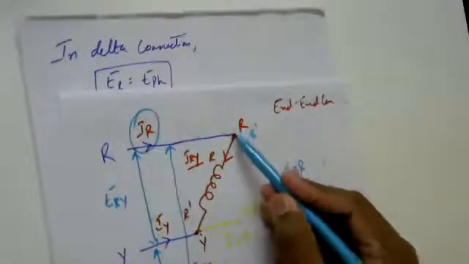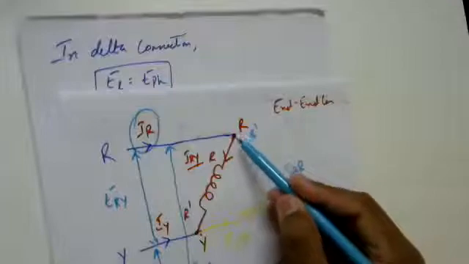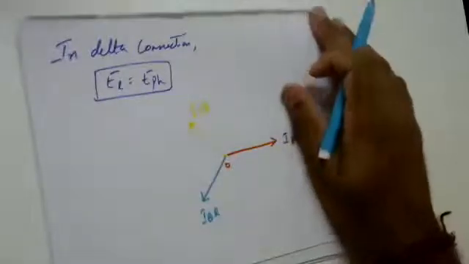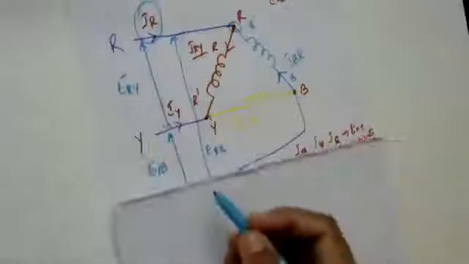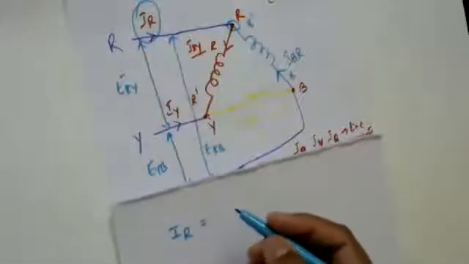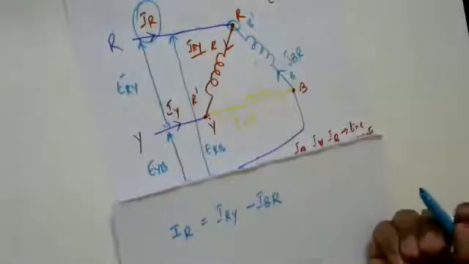If you just apply KCL at the node R, you'll be able to get the equation. So if I apply the KCL over here, my IR will be equal to IRY minus IBR.